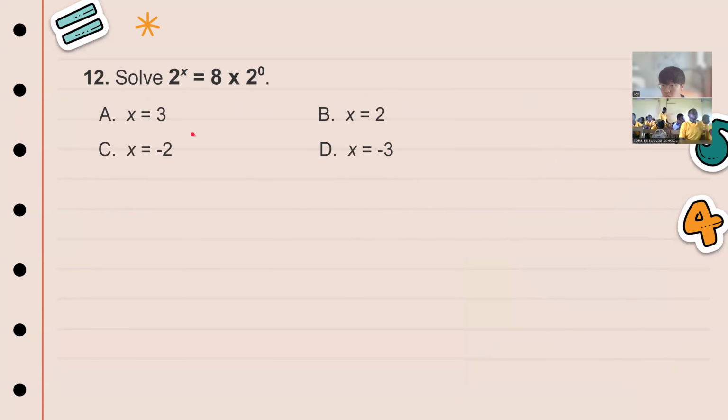So can you solve for x when 2 to the power of x equals 8 times 2 to the power of 0?